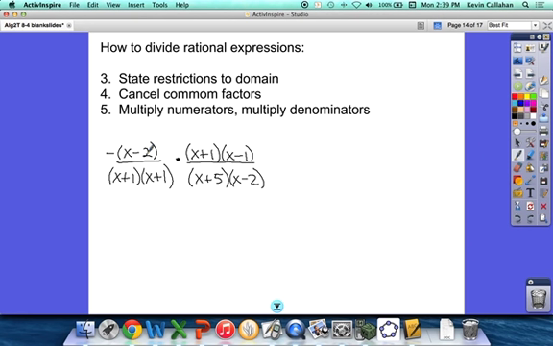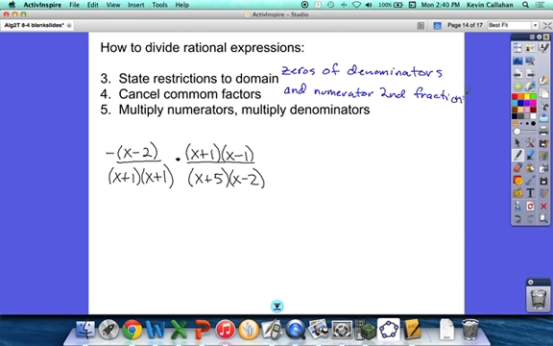So we say, state the restrictions: the zeros of denominators, and the numerator of the second fraction, the divisor.